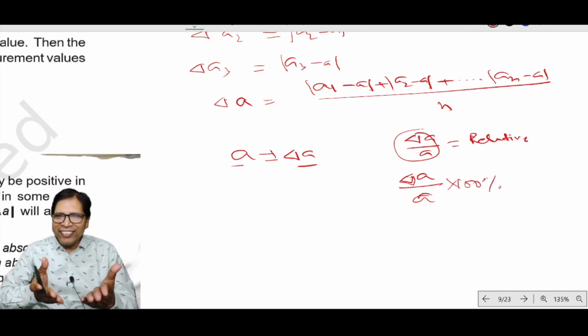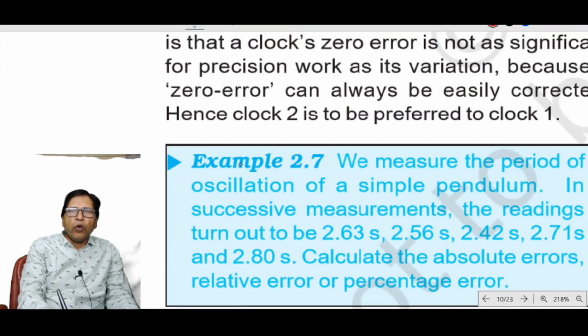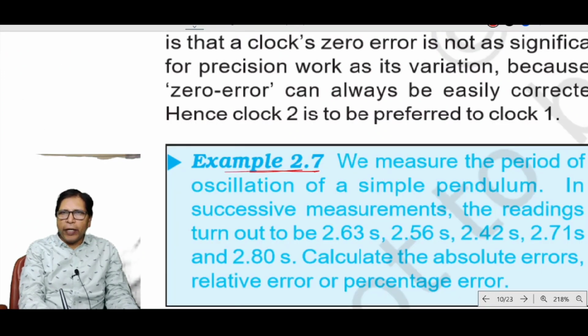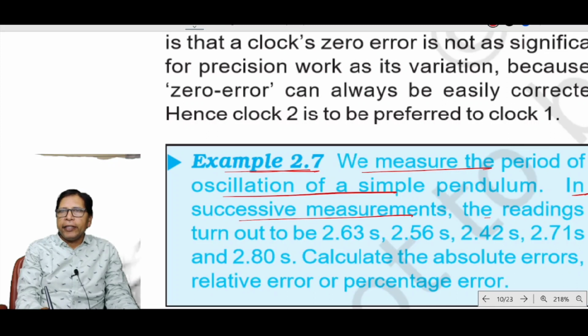Okay, understood? Next. Now look at this, example 2.7. We measure the period of oscillation of a simple pendulum. In successive measurements, the readings turned out to be 2.63, 2.56, 2.42, 2.71, 2.80.